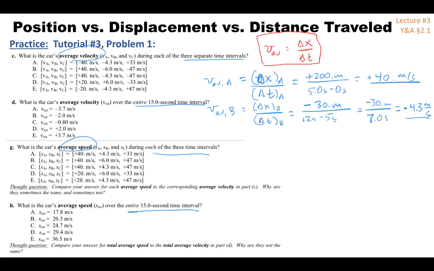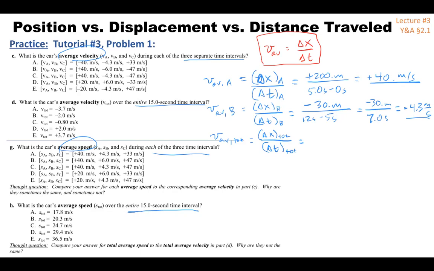What if I want the whole time interval? Oh, pardon me, not interval C, but the entire time interval. So that's going to be equal to the displacement over the entire time interval divided by the time of the entire time interval.